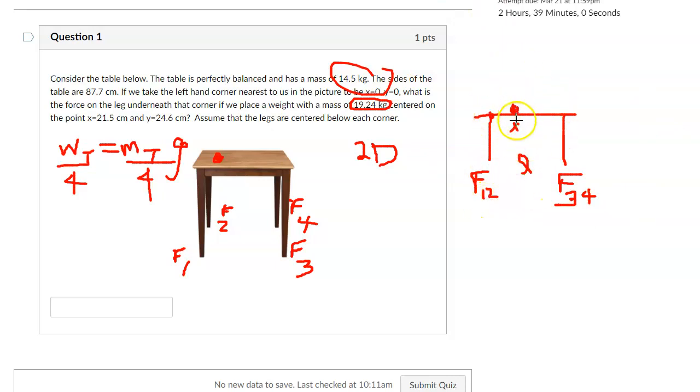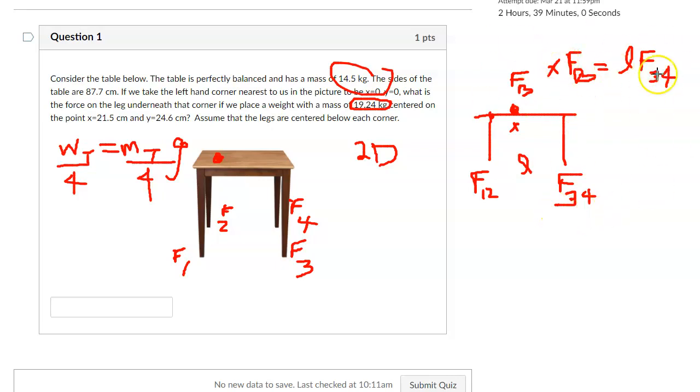It's just X times FB, the force of this blob, and so X times the force of the blob, its weight, mg, equals L times F34. And we'll type all this out later.